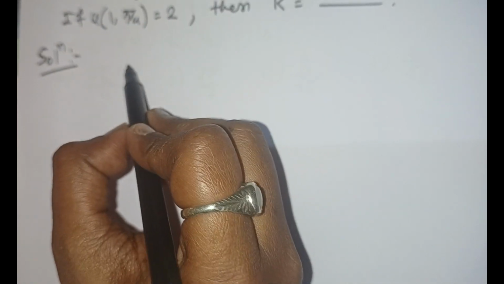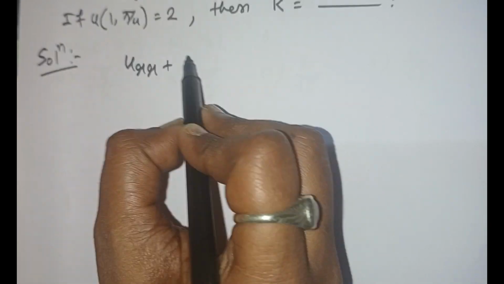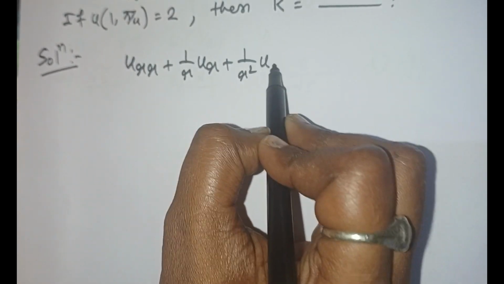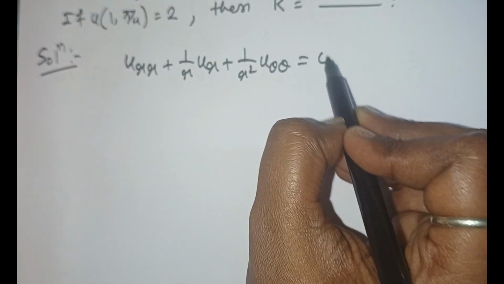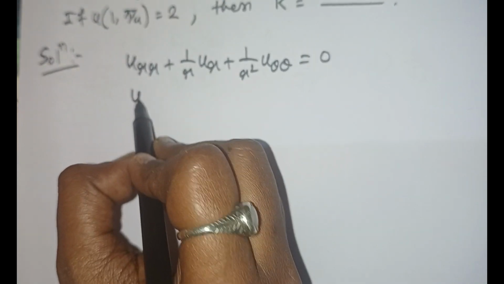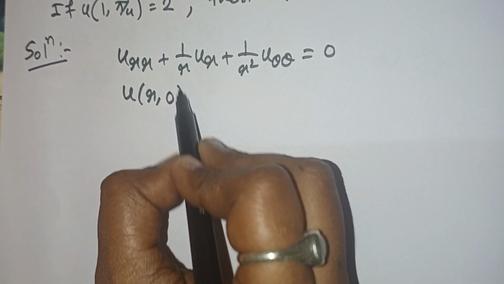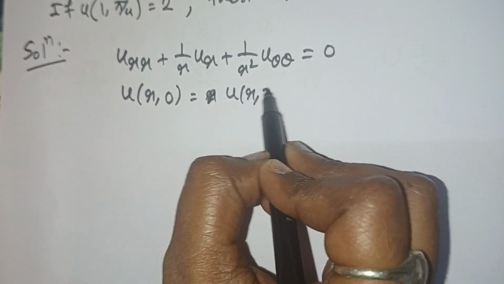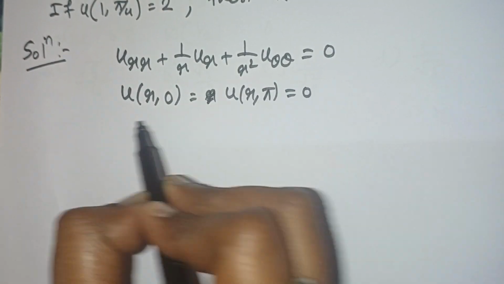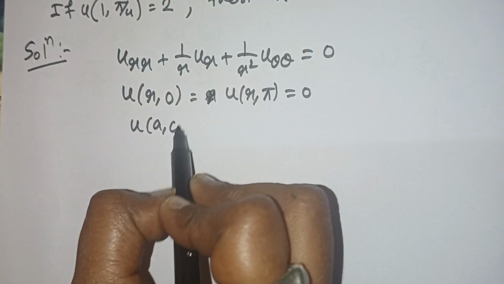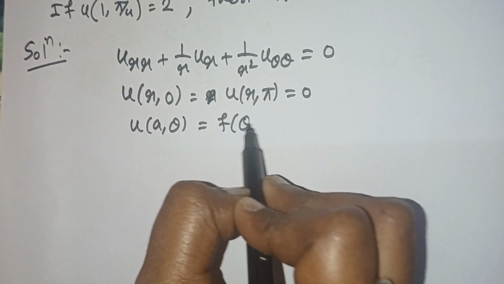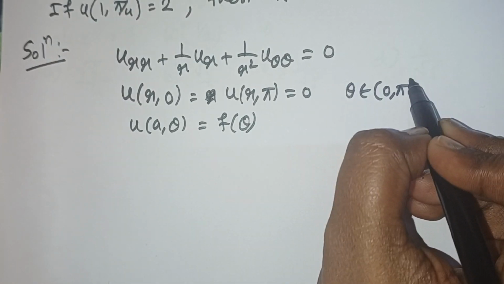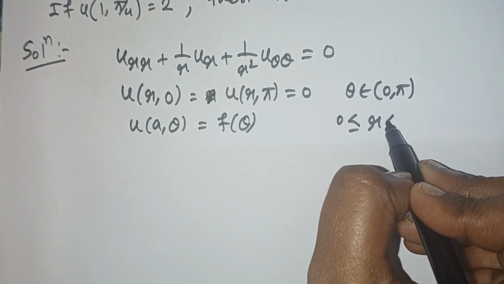We can compare the question with the standard Laplace equation, u_rr plus 1 by r u_r plus 1 by r square u_theta theta equal to 0, with u(r, 0) equal to u(r, pi) equal to 0 and u(a, theta) equal to f(theta), where theta belongs to the interval 0 to pi and r belongs to 0 to a.